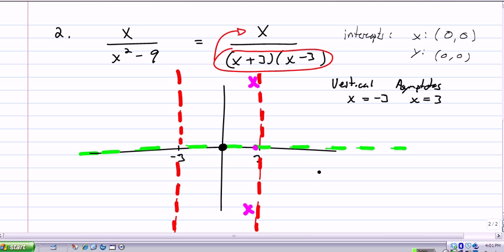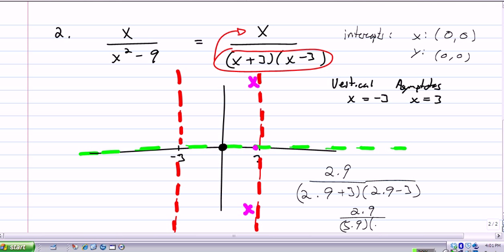So you have 2.9 over 2.9 plus 3 times 2.9 minus 3. Well, the top's 2.9, and the bottom is 5.9 times negative 0.1. So that's a negative answer.